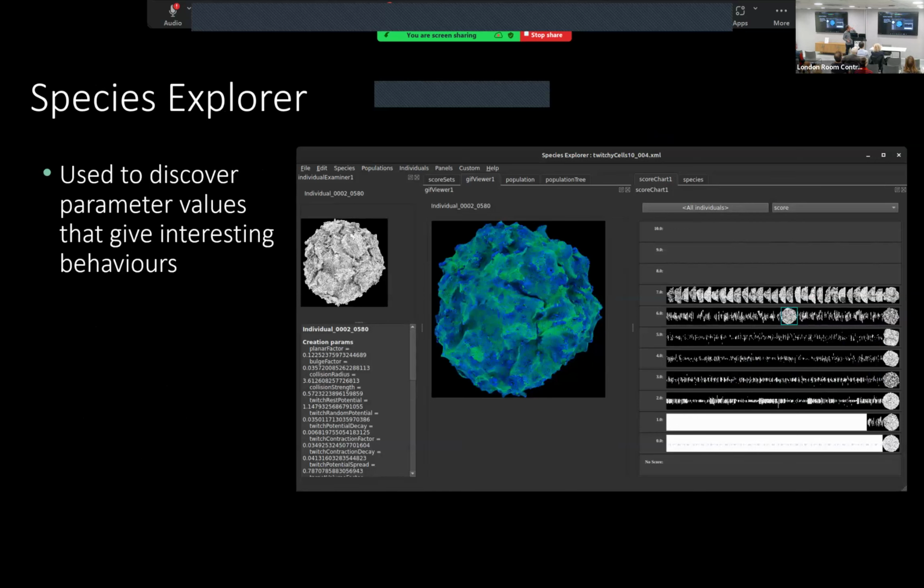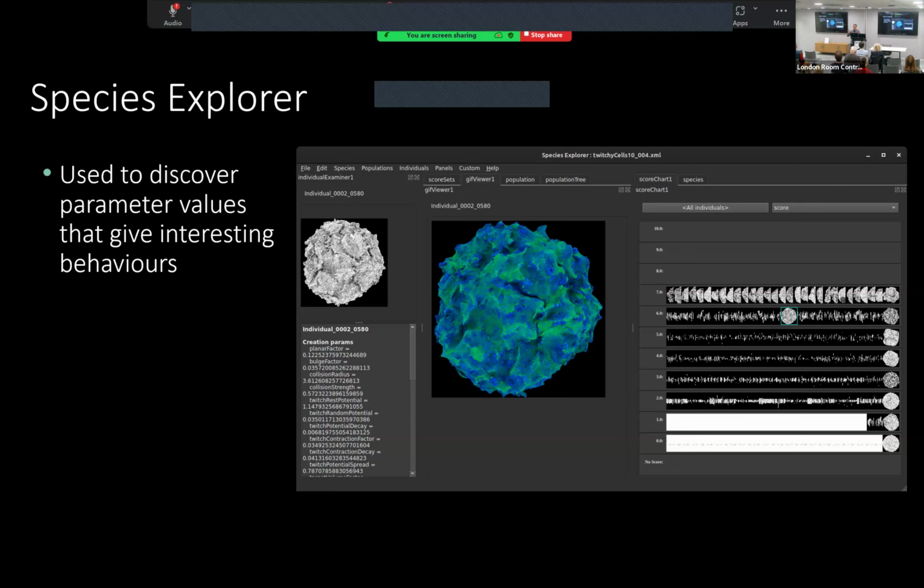What was the other one? I've got this thing with Species Explorer, which is part of my practice. It's almost like the system I use for doing evolutionary algorithms and machine learning.